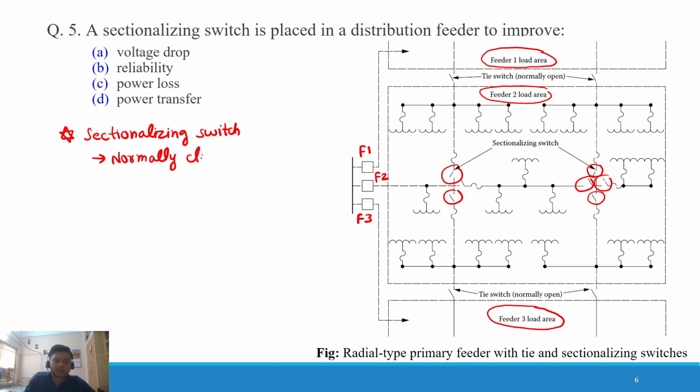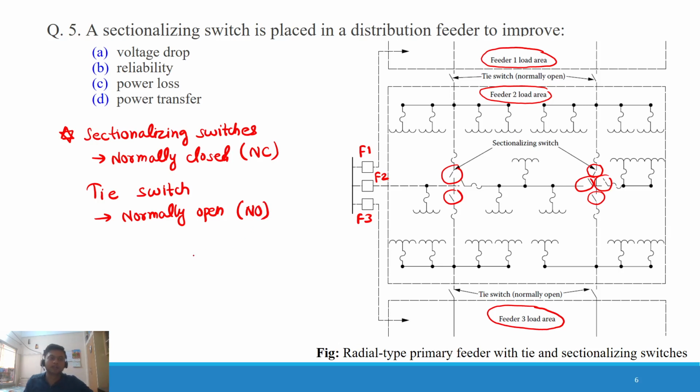On the other hand, the system also consists of tie switches; between two feeders, the tie switches are present. Tie switches are normally open in normal condition. You can also write NC, that means normally closed, and NO means normally open.